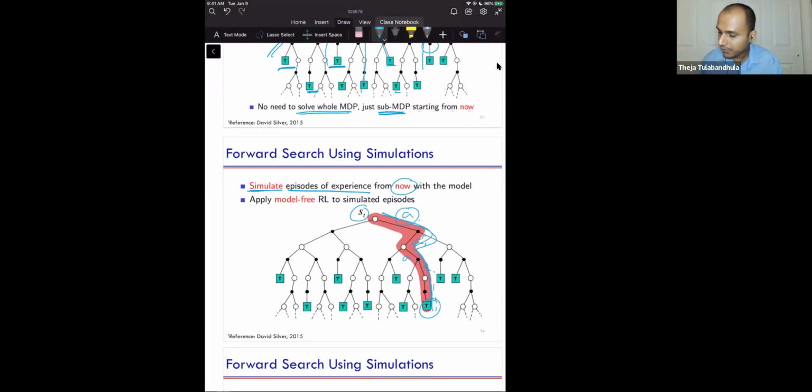When I say apply model-free RL, it just means that I'm not going to think about the model itself. In particular, I'm going to think about Q state-action value functions, okay, which are, the moment you're maintaining state-action value functions, it's basically a model-free scheme, because you're not explicitly maintaining any model of your environment.